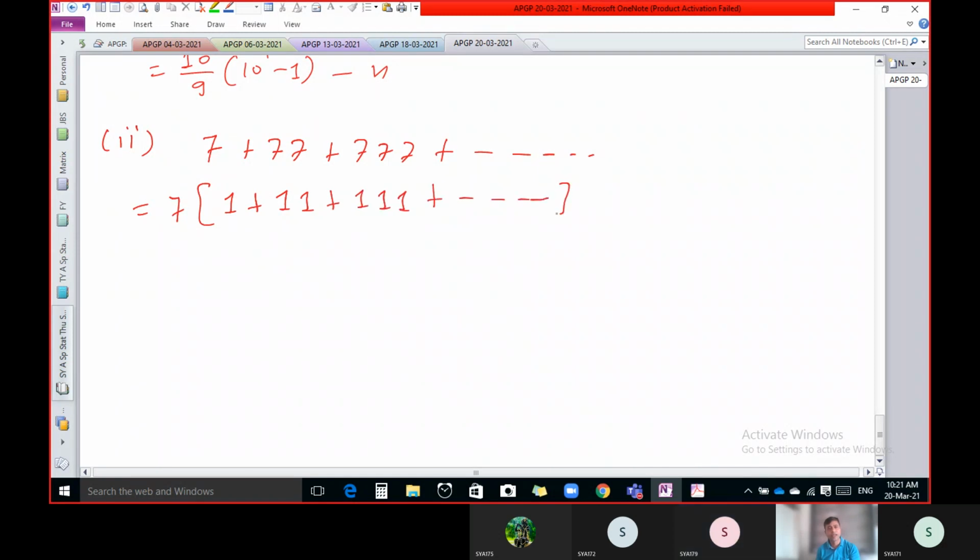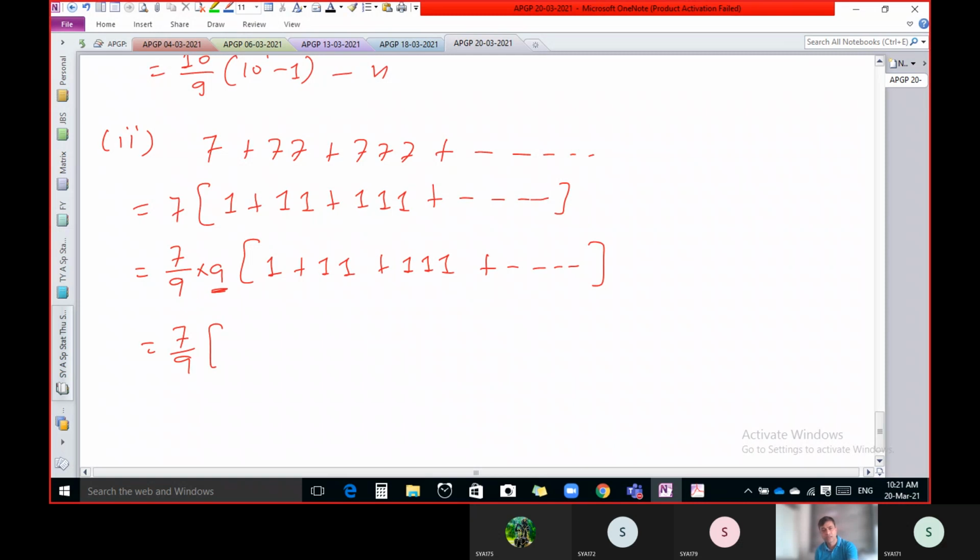Correct. Now tell me, if we divide this 7 by 9 and multiply by 9, is it okay? Dividing by 9 and multiplying by 9. Now keep this 7 by 9 as it is, but multiply this 9 with all these terms.